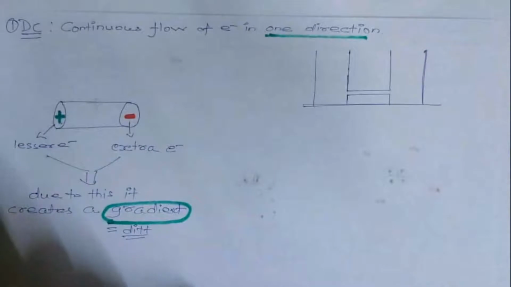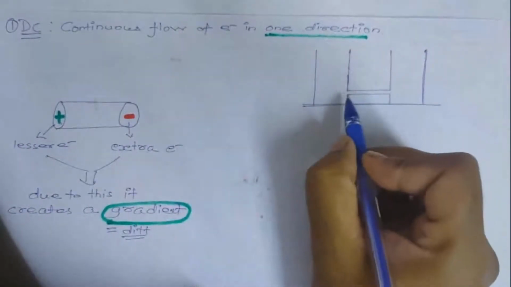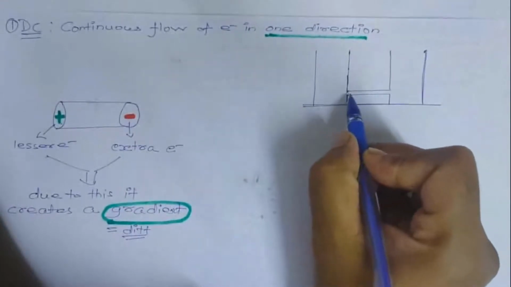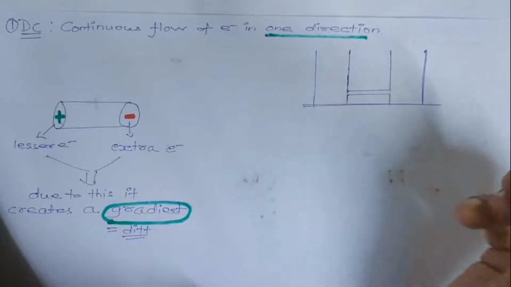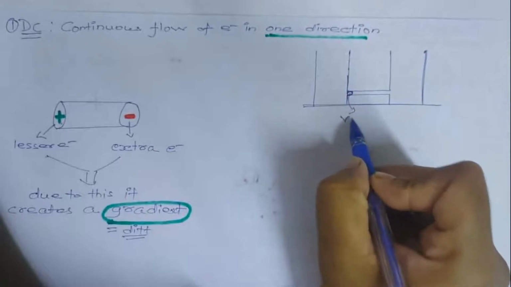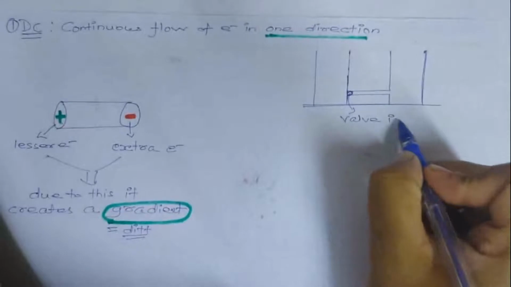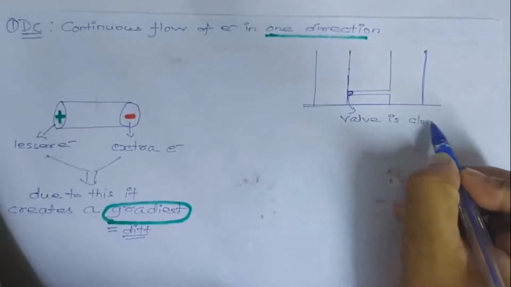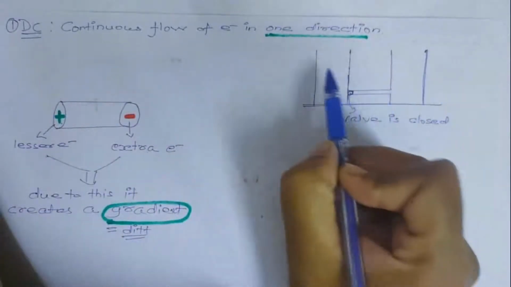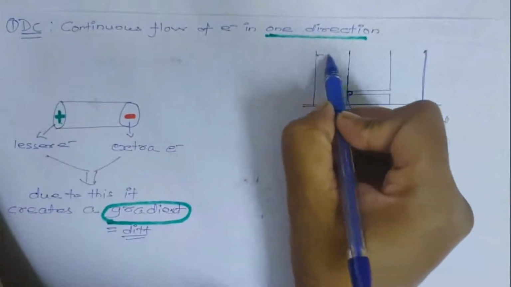And suppose currently the valve, this is called a valve, is in the closed position. Let me write this right here. Valve is closed. Okay, and you go and fill up this particular container with water.